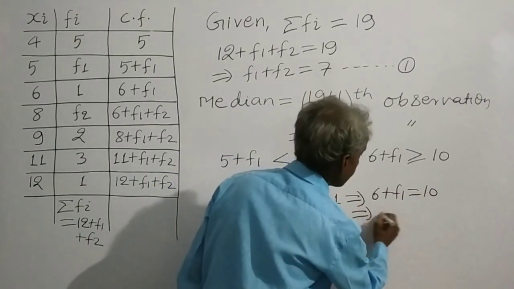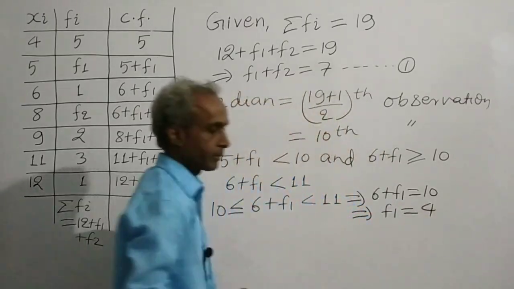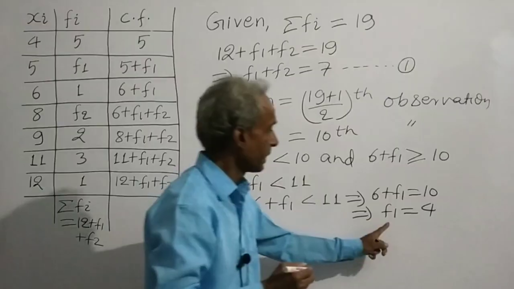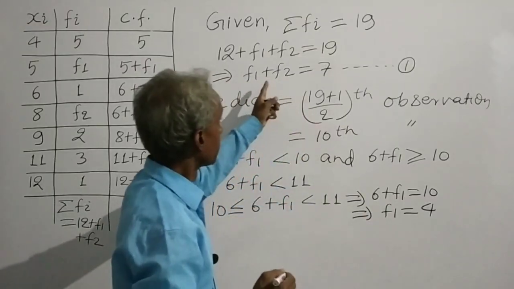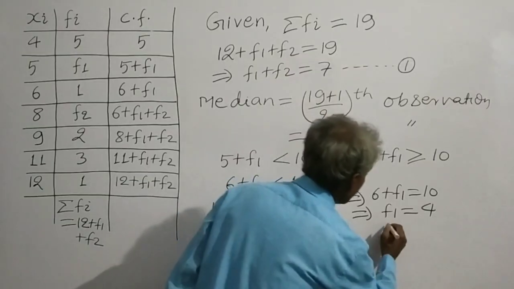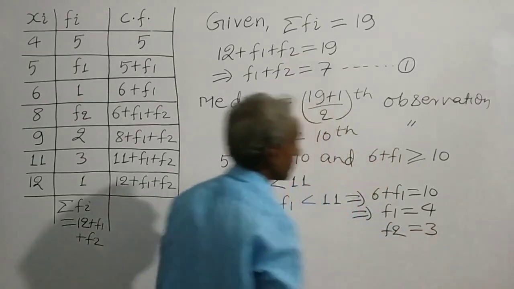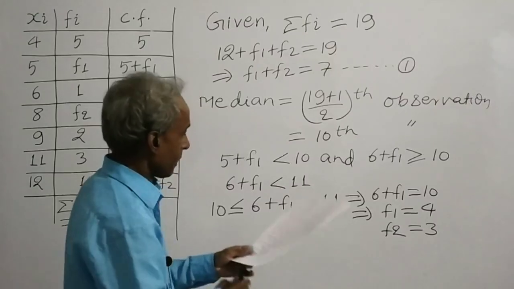This implies F1 is equal to 4. Therefore, from 1, F2 will be equal to 3.